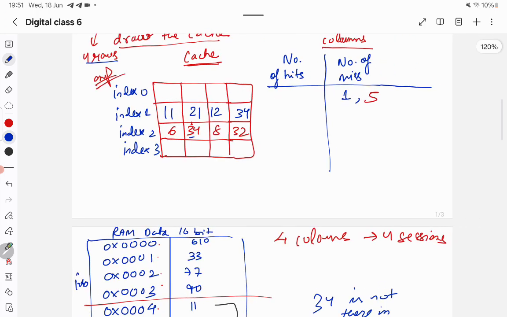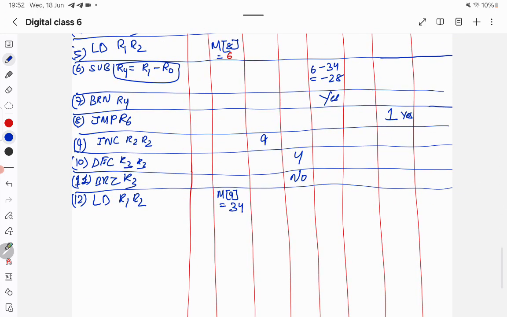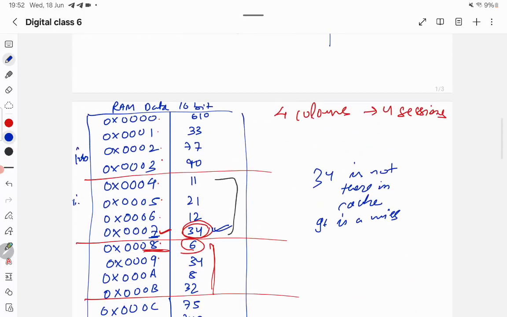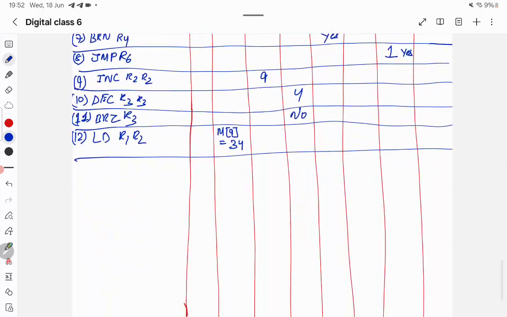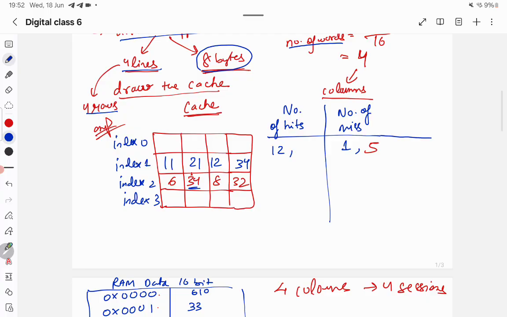So this is 34. We will copy down the value. M of 9 is 34. We will write 34. Then since the information is there in the cache, it is a hit. Add instruction at which number? 12. So you will write 12. Okay, got the point?